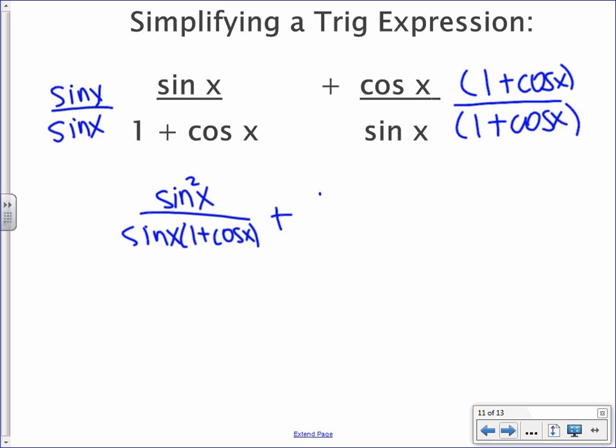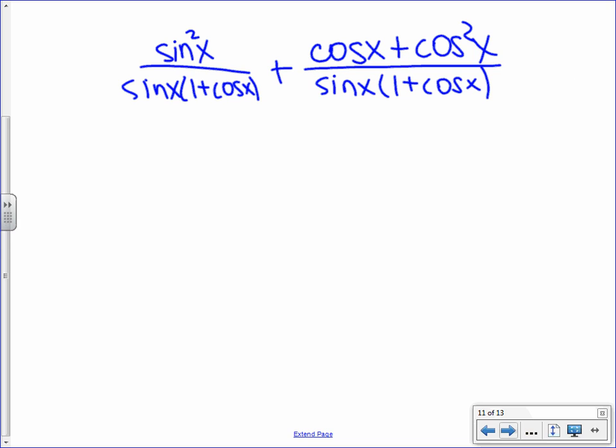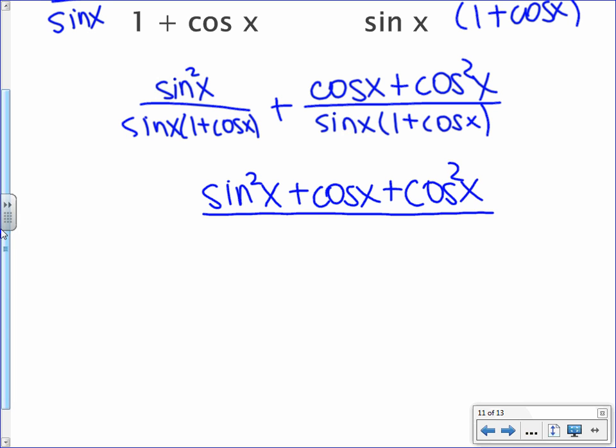And this one becomes cosine of x plus cosine squared x over sine of x times 1 plus cosine x. So then we get sine squared plus cosine x plus cosine squared over our common denominator.